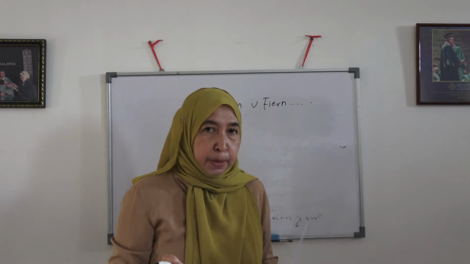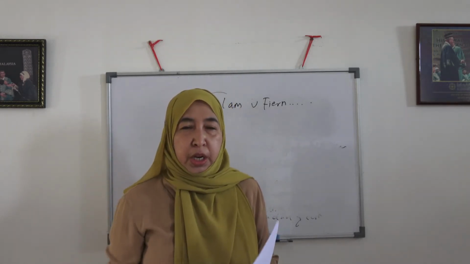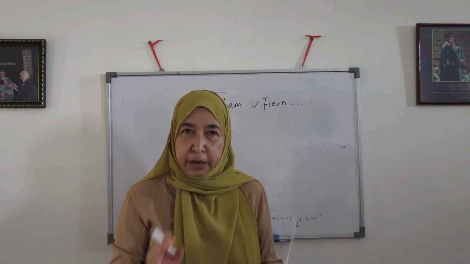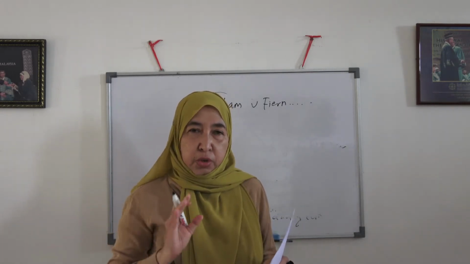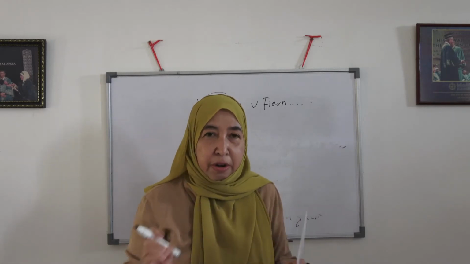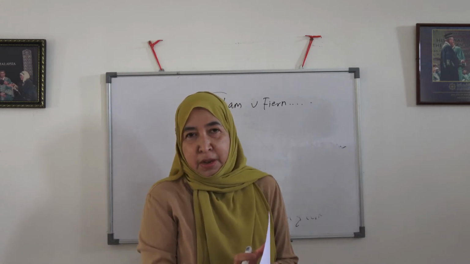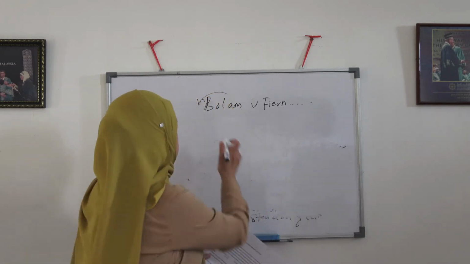So in the exam, if you can't remember the full name of the plaintiff and the defendant, it's okay if you just remember Bolam's case. It is not necessary for you to memorize the complete name of the parties. We just put here Bolam's case.